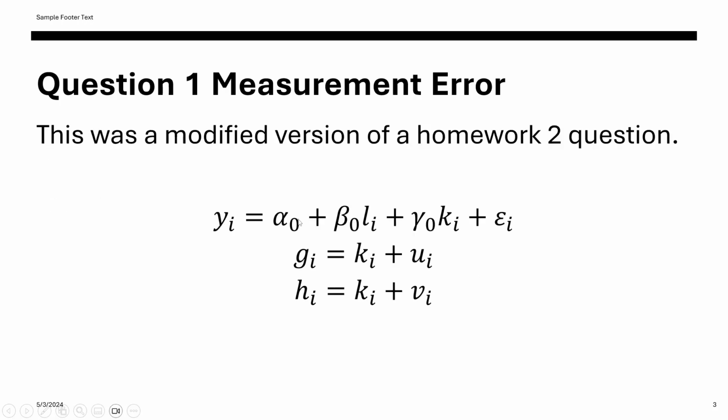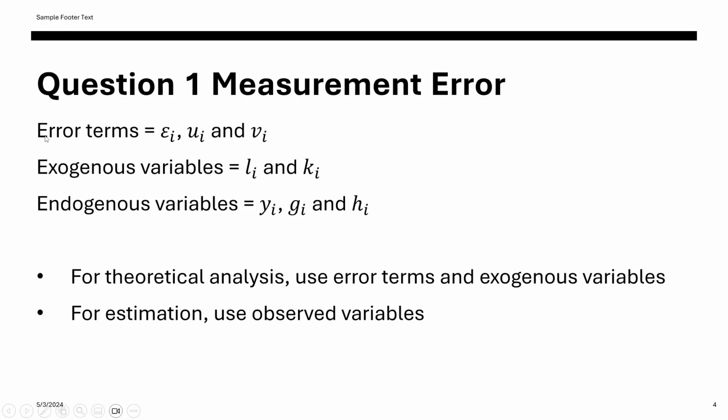And then, of course, you know the parameters are alpha, beta, gamma, and the error terms epsilon, u, and v exist because there are three equations, so there are three error terms, and there are exogenous variables L and K, labor input, capital input, and endogenous variables are Y, which is output, G is the first capital measure, and H is an alternative capital measure, right?